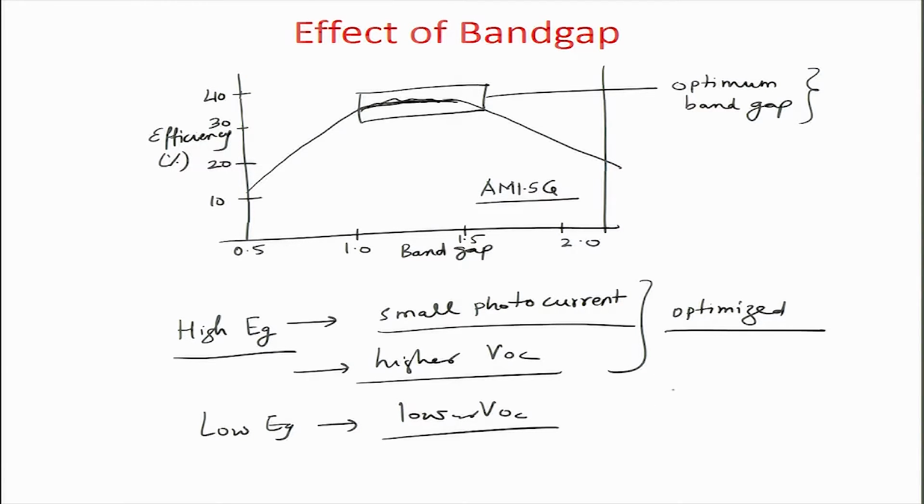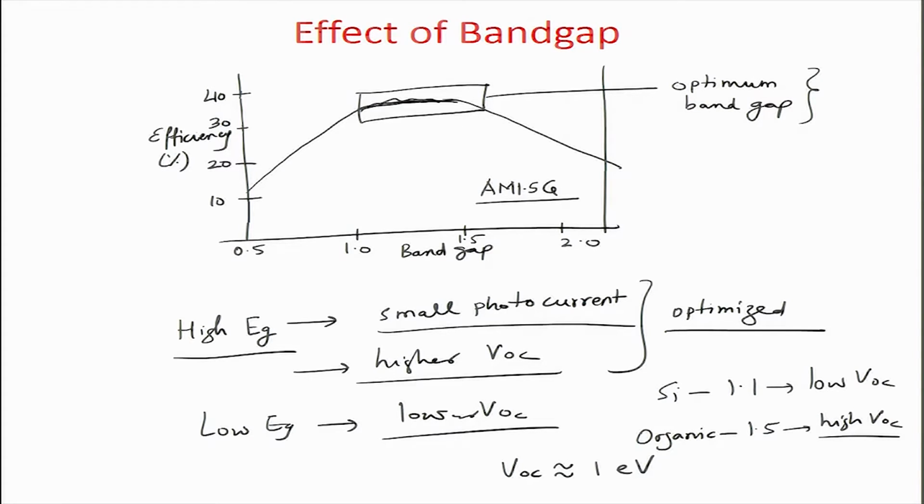So, you will see, for example, silicon which has a band gap of 1.1 electron volt will give you lower VOC, but something like perovskite or organic, where the band gaps could be 1.5 or even higher, will give you higher VOC. For example, in perovskites we get a VOC of the order of 1 volt, whereas for silicon we get a VOC of nearly 0.6 volt approximately.